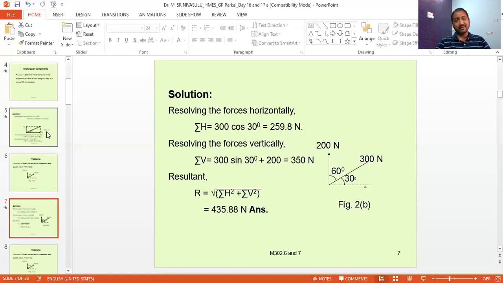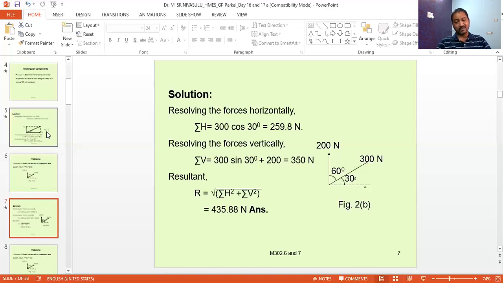Here we should note one thing. The vertical force will not have a horizontal component, or the horizontal component of a vertical force is equal to 0. Similarly, the horizontal force will not have a vertical component, or the vertical component of a horizontal force is equal to 0.